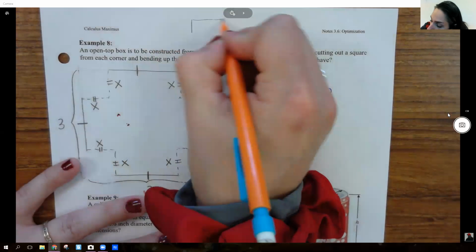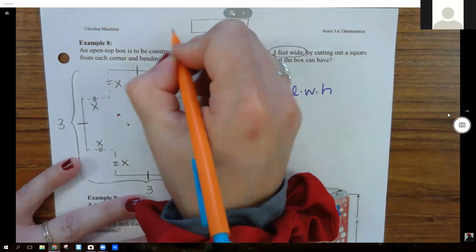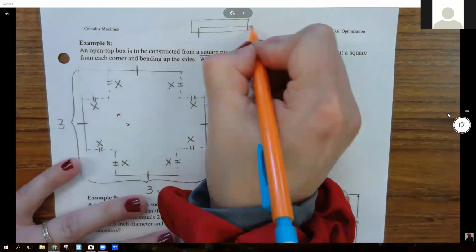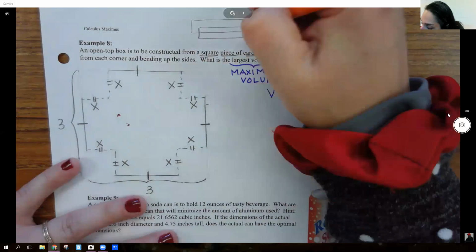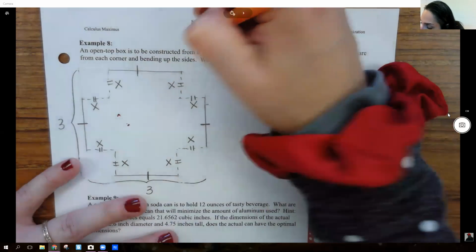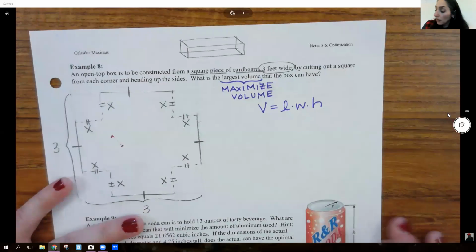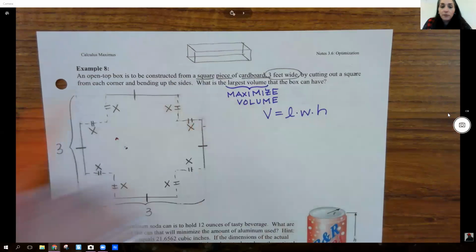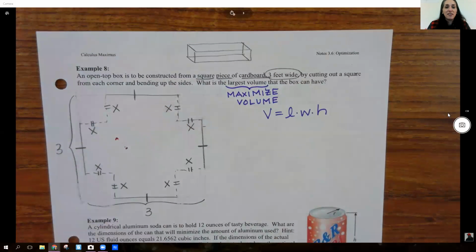So if I were to draw the box, when we fold this thing up, I don't have a piece of paper ready here, but the X's come together and become the seam along the corner of the box.